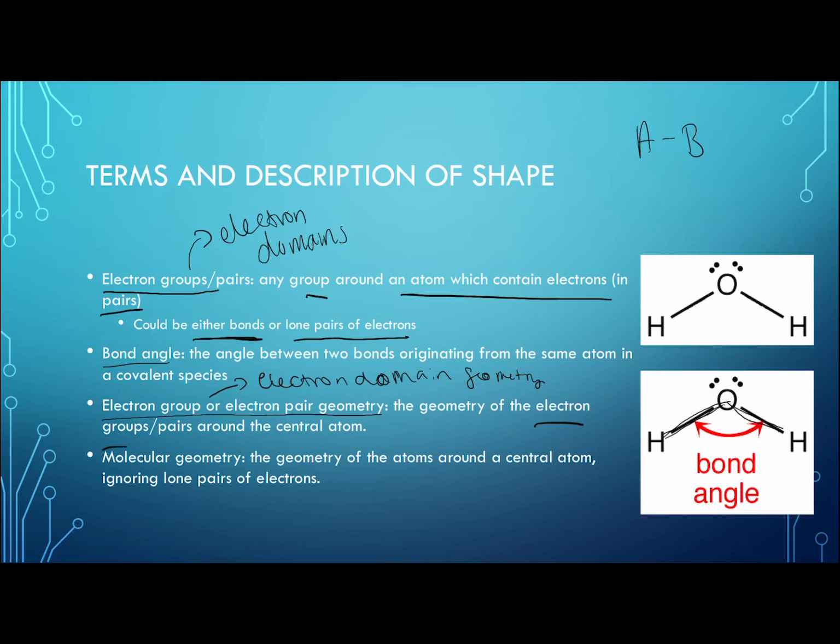So if we think about our groups of electrons or domains of electrons, those are going to be used to determine our electron group or electron domain geometry. And then we have molecular geometry that is derived from electron group geometry. So it's going to have the same geometry around our central atom. We're just going to ignore the lone pairs when describing the structure.